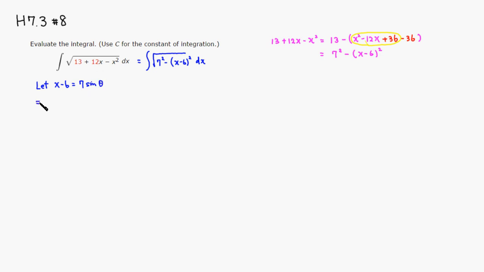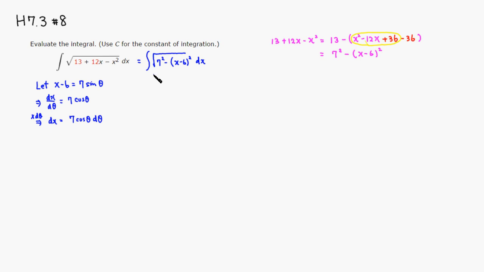We can take the derivative, so we have dx over d theta, and the derivative of negative 6 is 0, so it goes away. The derivative of 7 sine of theta is 7 cosine of theta. Then we can multiply by d theta to find dx, which is 7 cosine of theta d theta.